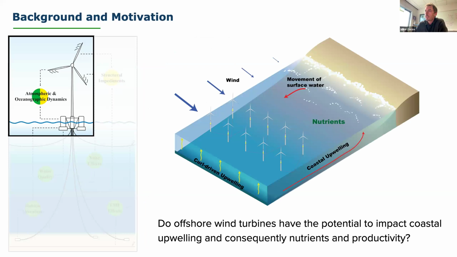So we're not focusing on the impact of the structures in the water or the cables or any of that, but really on the alteration of the winds by the turbines, and then subsequently what that means for the oceanography. In the California current system, we're particularly interested because it is this coastal upwelling system. The huge productivity and diversity of the ecosystem and the fisheries and other human uses that it supports are ultimately all derived from this coastal upwelling process and the nutrients it supplies.